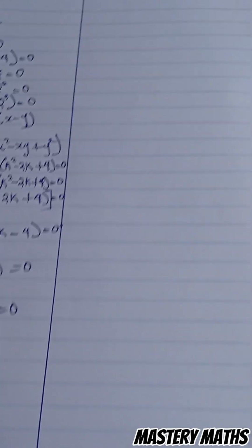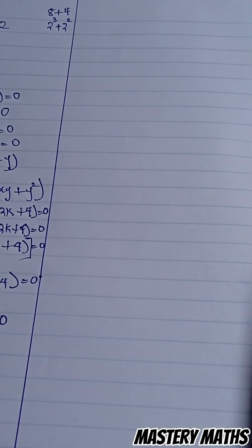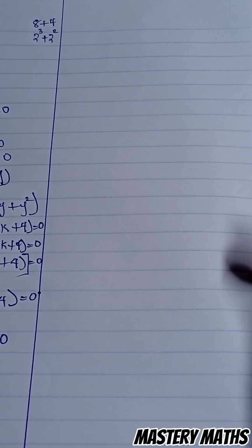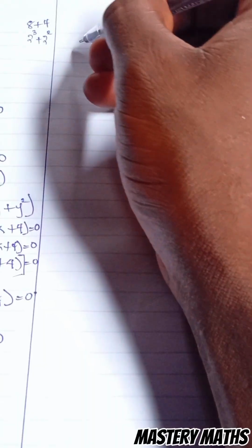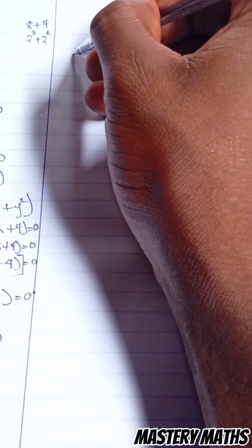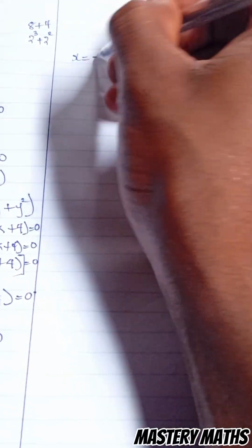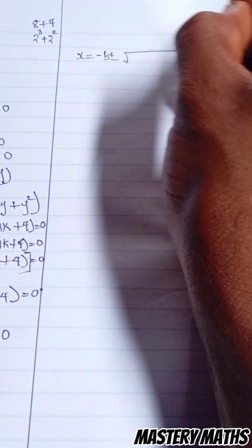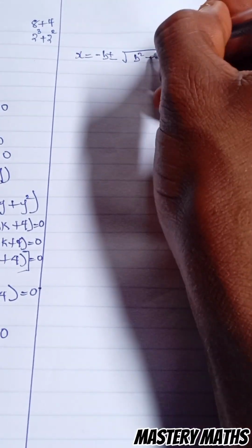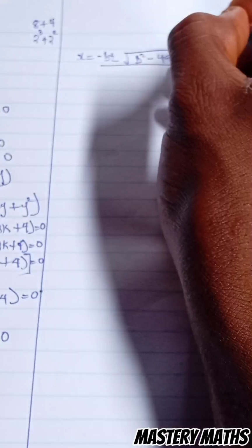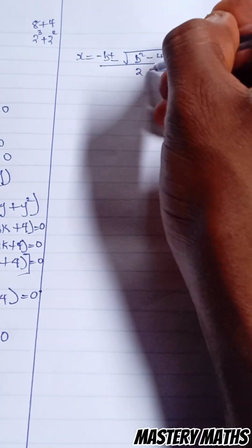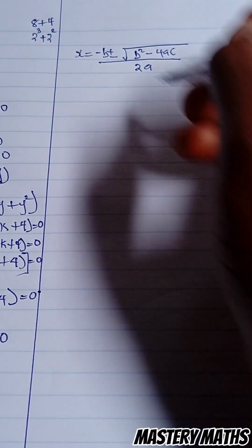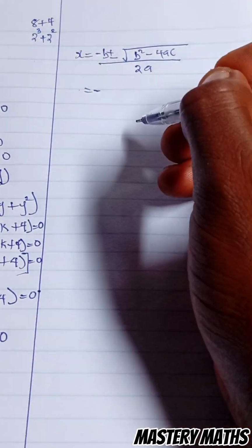Now let's solve for the next one. Having gotten the one in the brackets, now we'll put our formula, which is x is equal to minus b plus minus the root of b squared minus 4ac, over 2a.